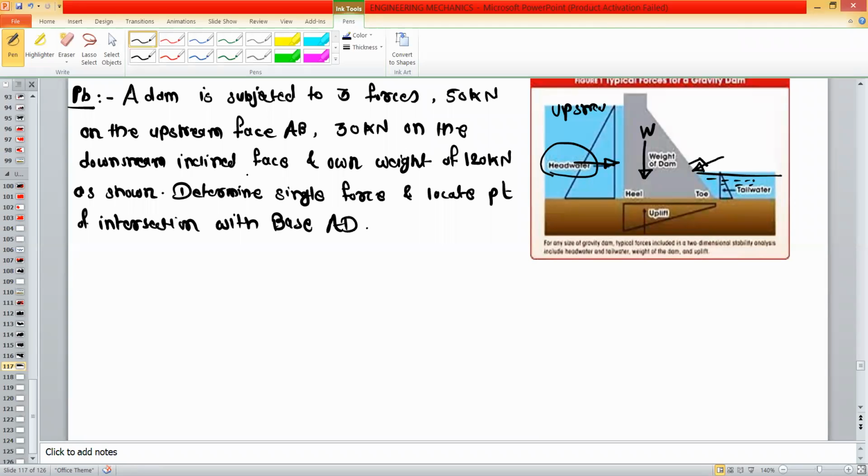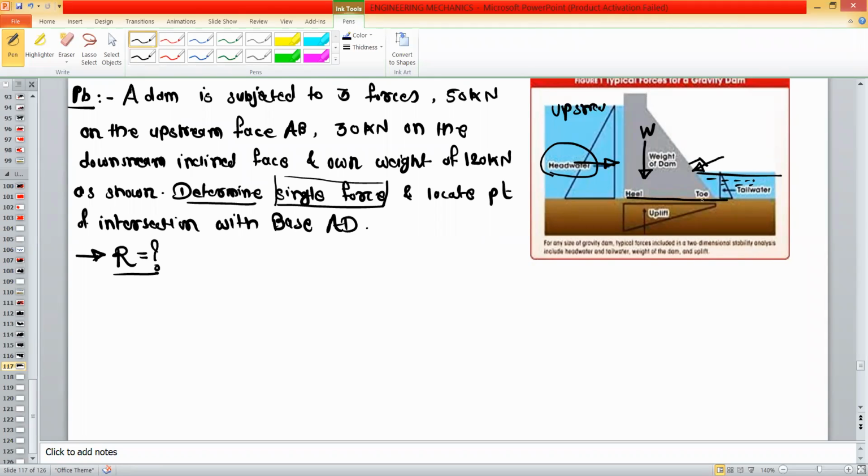So we have to find the single force. The meaning of this single force is that we have to convert these three forces into an equivalent force, that is called a resultant. So the question is, we have to find the resultant value, that is R. We have to locate that resultant on the base AD, which is the base of this dam.